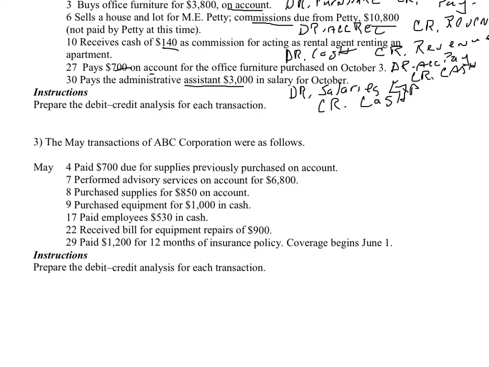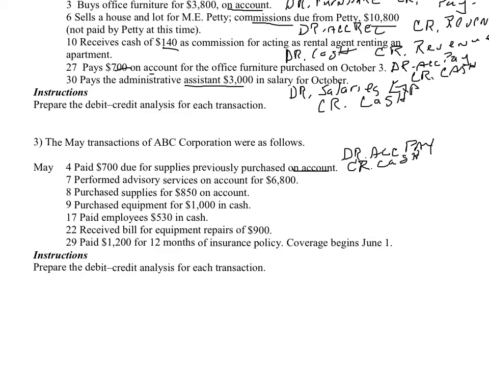Now we're looking at transactions for ABC Corporation. May 4th, I paid $700 due to suppliers previously purchased on account. So I'm paying down my account. So it's debit, accounts payable. I'm paying it down, my liability, and it's a credit to cash.